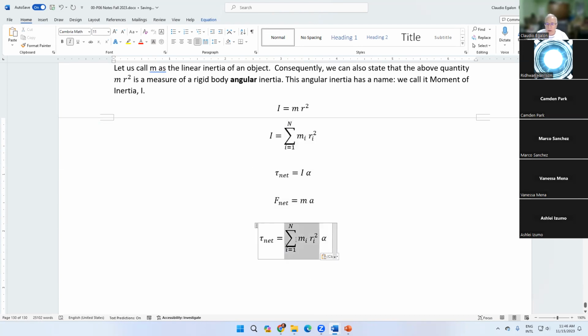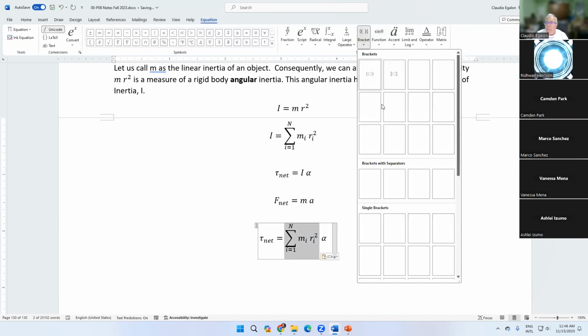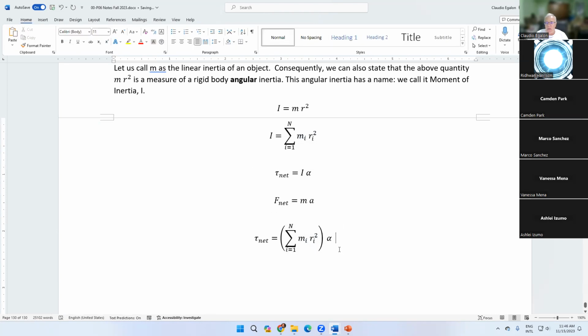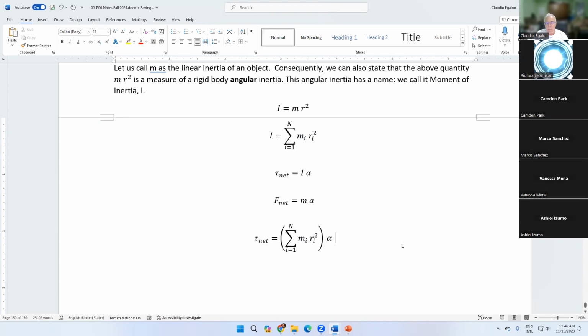The angular acceleration throughout the whole object is the same. And because of that, I'm going to put a parenthesis here. The angular acceleration doesn't have to be inside the summation sign. Angular velocity is the same throughout the whole object. What is different is the linear velocity of each infinitesimal mass inside.